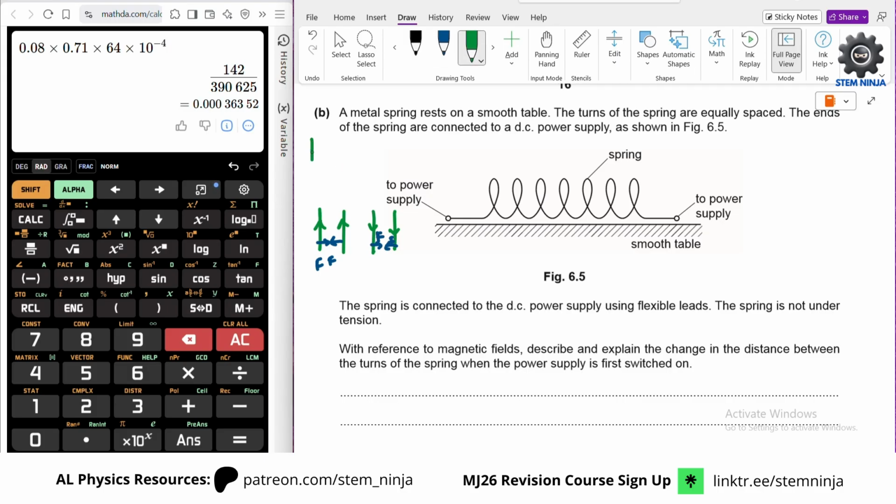And if the directions are opposite, the force would be repulsive. So when the current flows through, at a certain point, like right over here, the currents are in the same direction. For example, if this is the front and this is the back, they're all flowing in the same direction. That's what we just need to explain.